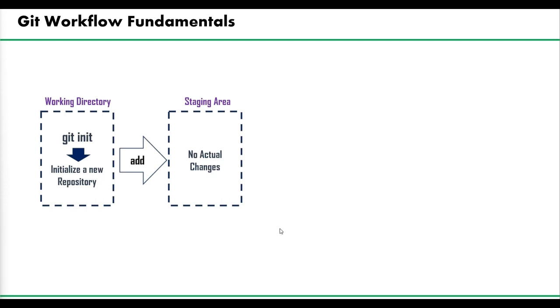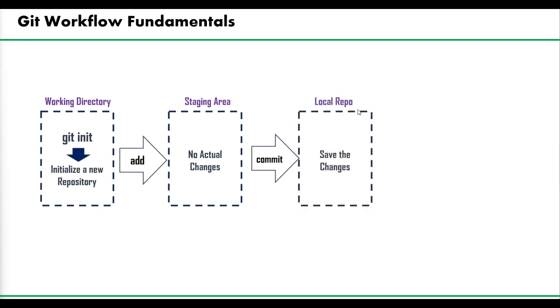The next step in order to make those changes is using the commit command, creating our local repository and saving the changes in there. The local repository is where Git permanently stores your project's history and changes. After staging changes in the second step, you commit them to the local repository along with a meaningful commit message.